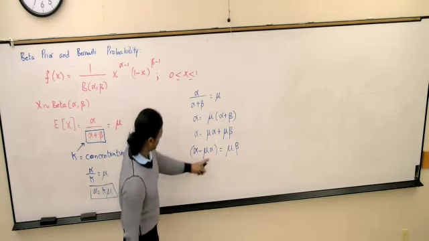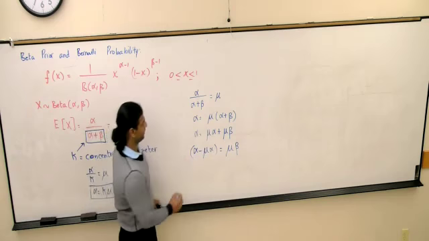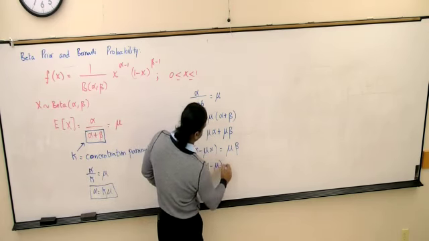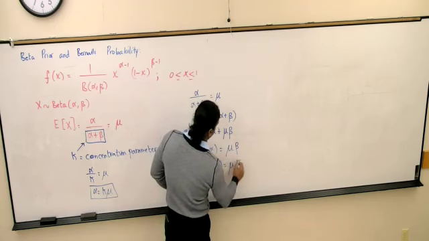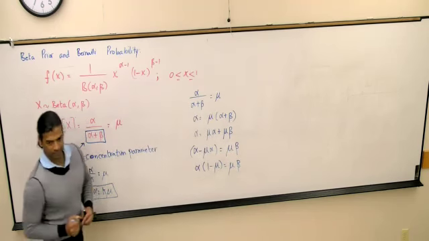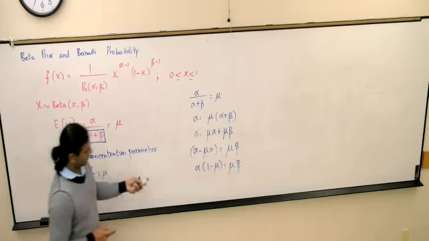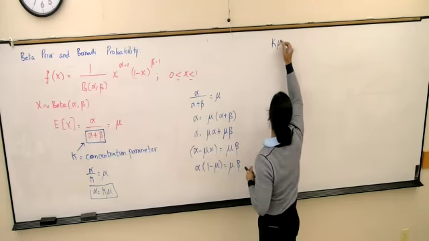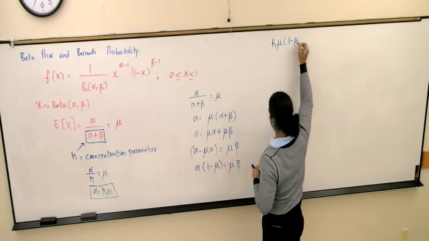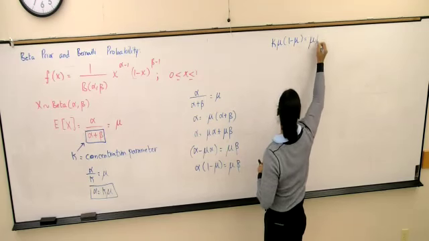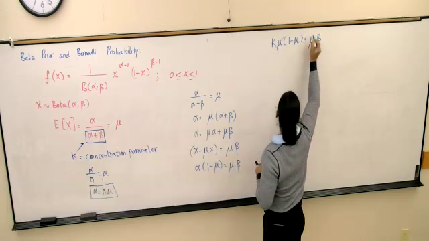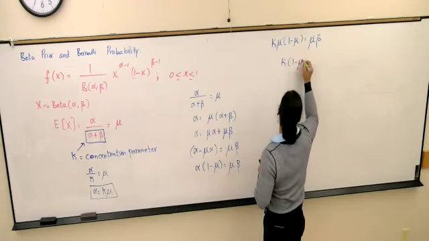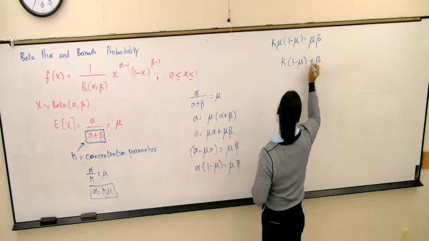I can pull alpha out and I get alpha times 1 minus mu equals mu beta. If I rewrite alpha, which is kappa times mu, the mu's will get cancelled, and kappa times 1 minus mu equals beta.